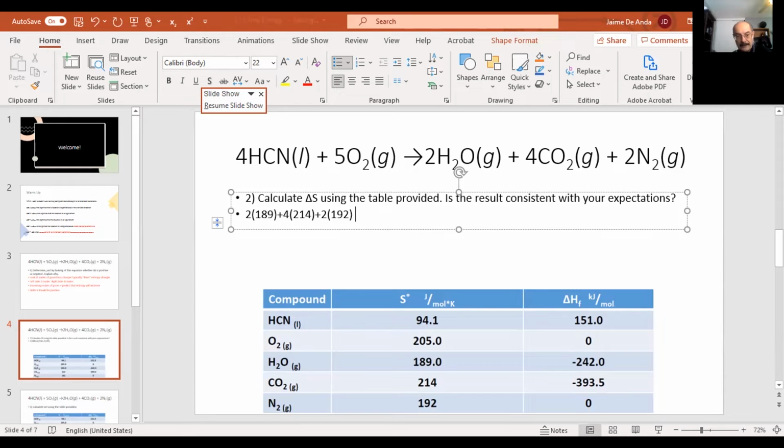All right, so now we're going to subtract the reactants. So it'll be 4 times the entropy of HCN, which is 94.1. And we're going to have 5 times the entropy of oxygen, which is 205.